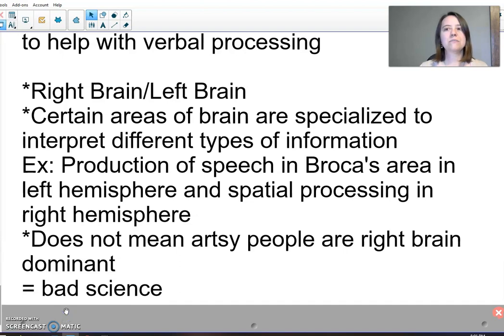However, this does not mean that artsy people are right brain dominant or mathematical people are left brain dominant. That is just bad science. Just because there are parts of the right hemisphere of your brain that are important for spatial processing doesn't mean that if you are good at spatial processing, you are right brain dominant. Again, that is a thought that a lot of people have, and it was based on bad science, so now you're smarter than a lot of other people.